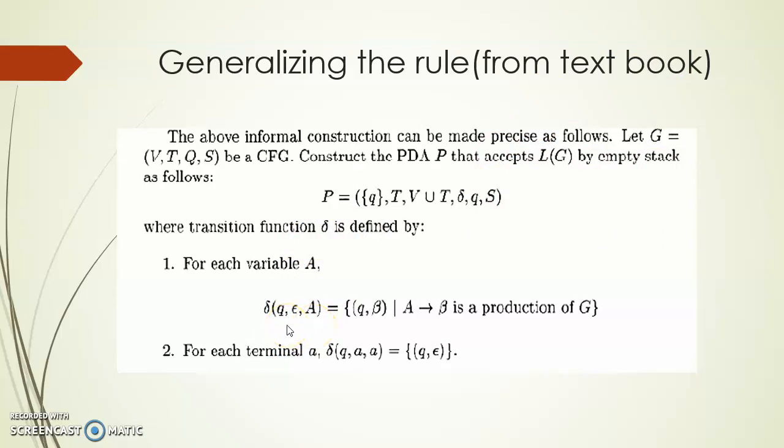The main concept is that when we want to expand a non-terminal symbol, it will be expanded by its expansion present in the body of the production. So for every non-terminal symbol, say A, it is going to be replaced with Q comma beta, where A tends to beta is a production of the grammar, and for every terminal symbol we will repeat as such. Thus we have seen how to convert a context-free grammar to a PDA.